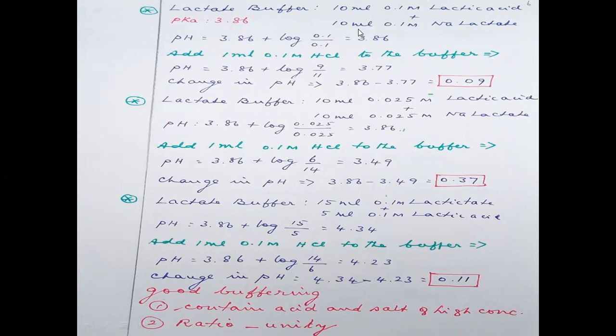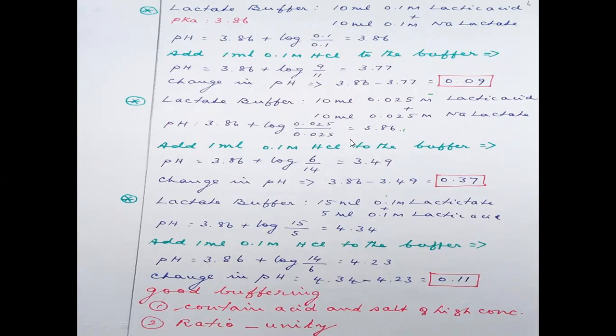That is equivalent to 9 ml sodium lactate, and the more lactic acid produced is equal to 11 ml of lactic acid. So the new pH is 3.86 plus log 9 by 11, which is 3.77. So the change in pH is 3.86 minus 3.77, which is 0.09.